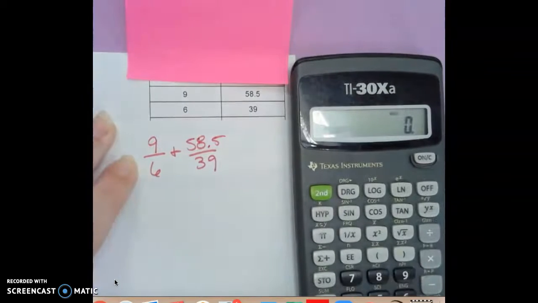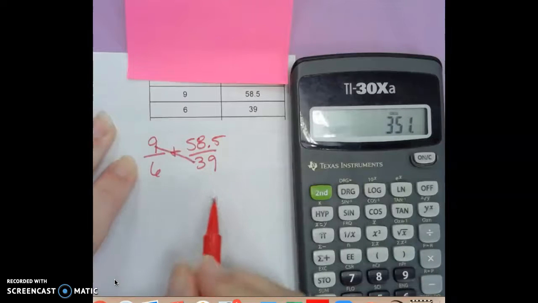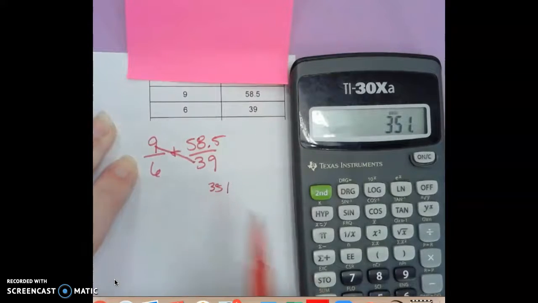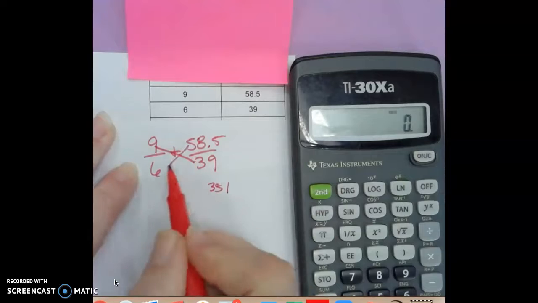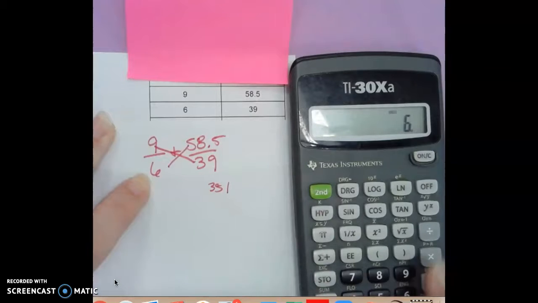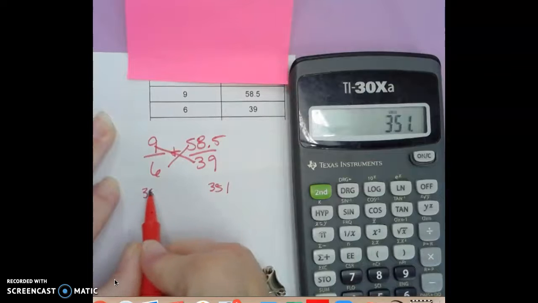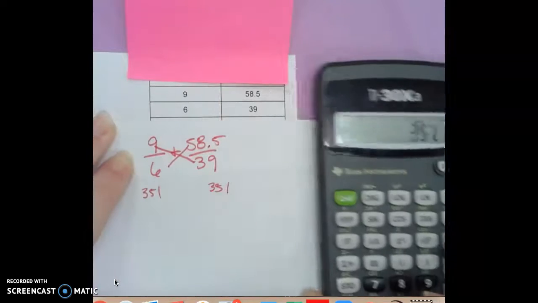So 39 times 9, I did this diagonal and I get 351. Now let's do this other diagonal, which is 6 times 58.5, which is 351. So my first set would be proportional.